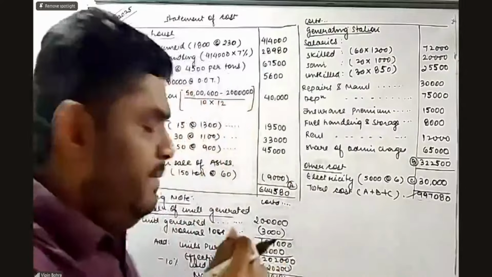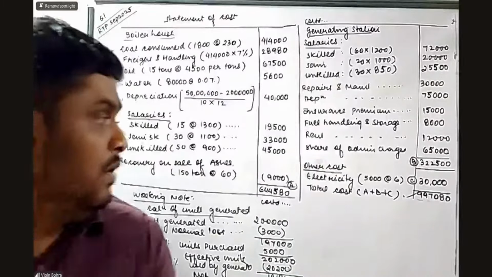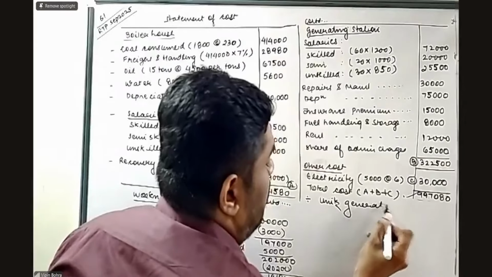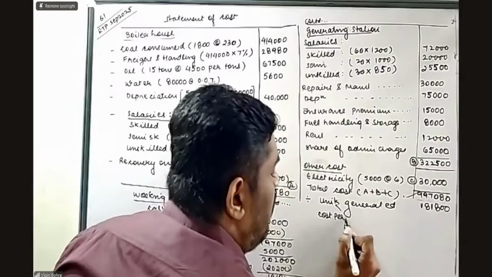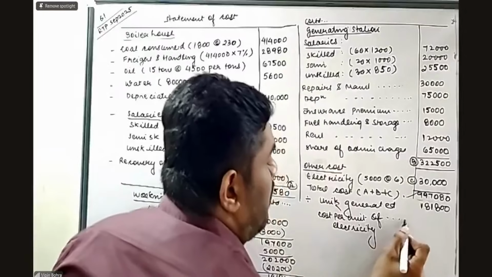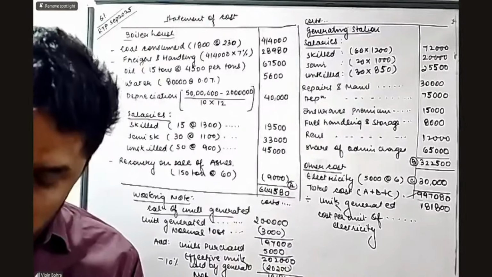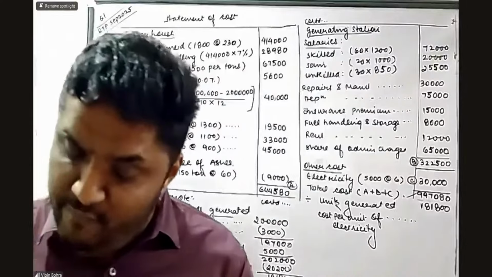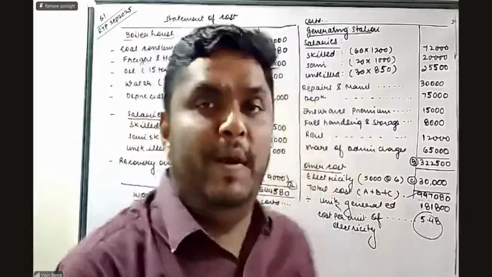So we have the total cost divided by 181,800. So we'll get the cost, and this will be 5.48. This is the cost per unit of the electricity generated.